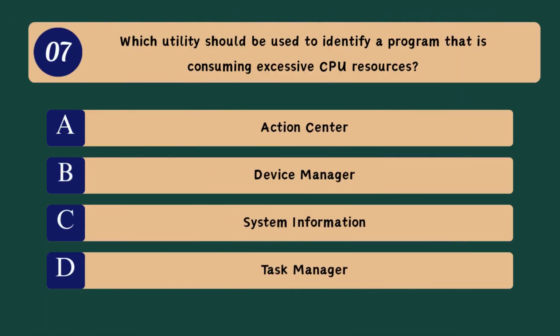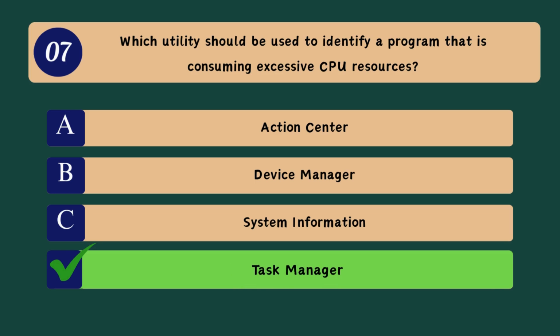Question 7. Which utility should be used to identify a program that is consuming excessive CPU resources? A. Action Center. B. Device Manager. C. System Information. D. Task Manager. Correct answer.